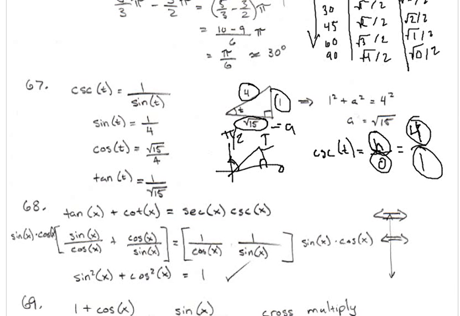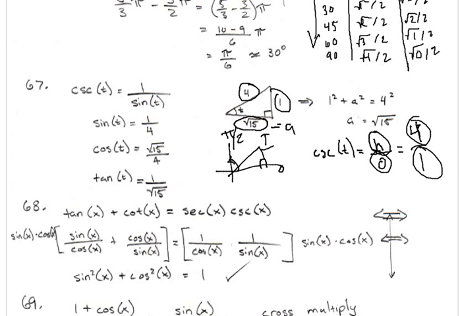Solving this, 4 squared is 16, subtract 1 from 16, you get 15, and then take the square root of that. So then I know that my adjacent side of my triangle must be square root of 15. So sine of t is just equal to 1 over cosecant, so it's 1/4.